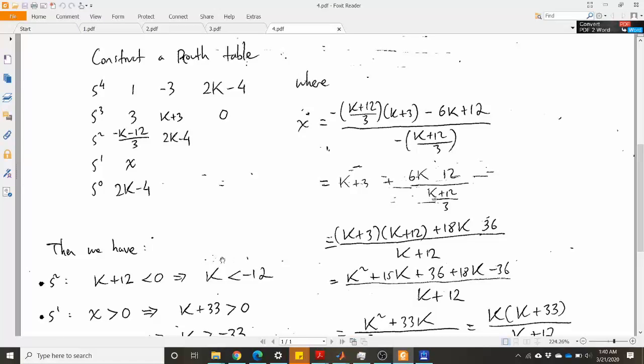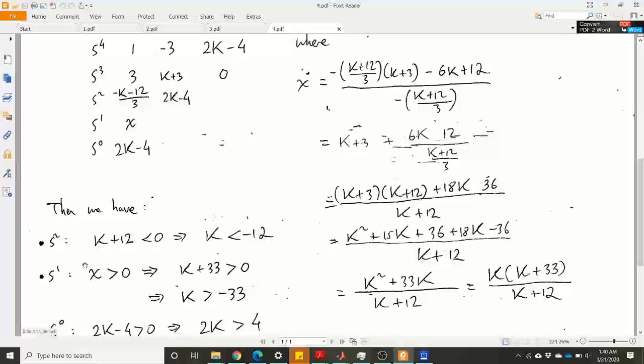That's the first condition. Second condition, from the coefficient x next to s1, obviously we need x to be positive. This is equivalent to k being greater than negative 33.